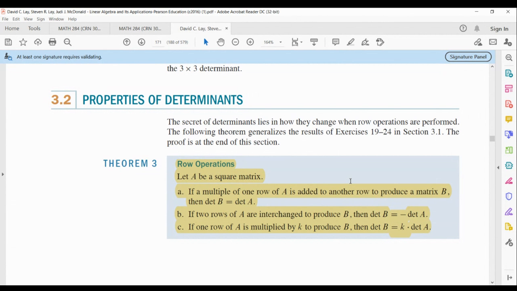Rule B says if you have a matrix A and you interchange the rows to produce a new row equivalent matrix B, then the determinant of B will equal negative times the determinant of A. And finally, if one row of A is multiplied by K to produce matrix B, then the determinant of B equals K times the determinant of A. So these three rules are going to help us tremendously in computing determinants of matrices.